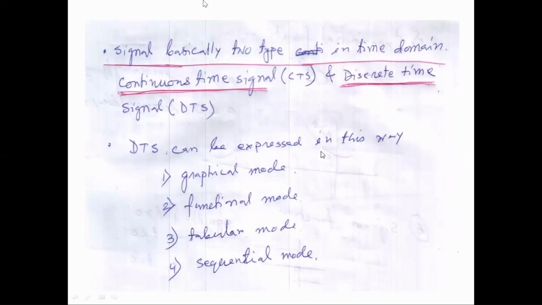Functional mode: suppose we are writing x(t), that is continuous time. In discrete time it should be x(n). In the first class, I told you that in discrete time, instead of t we write n. So in functional mode it should be x(n). Let us discuss tabular and sequential modes today.